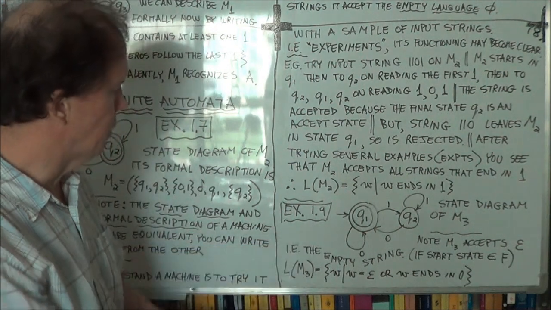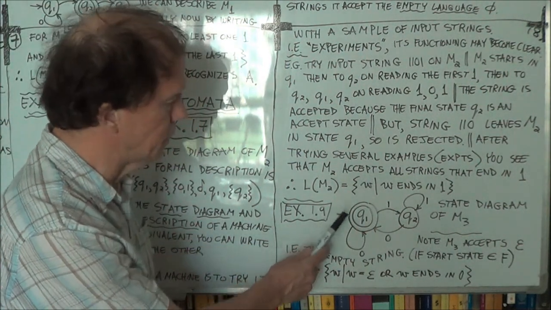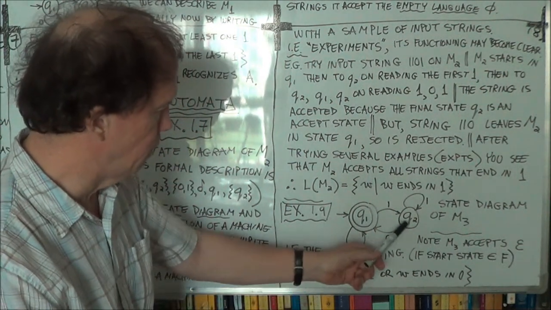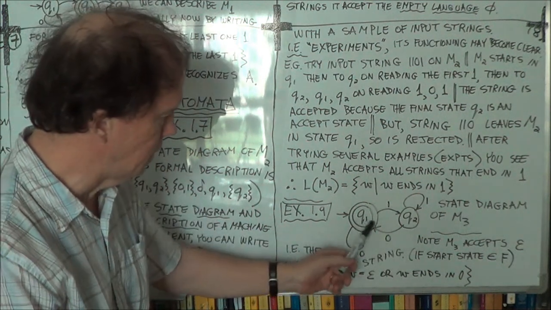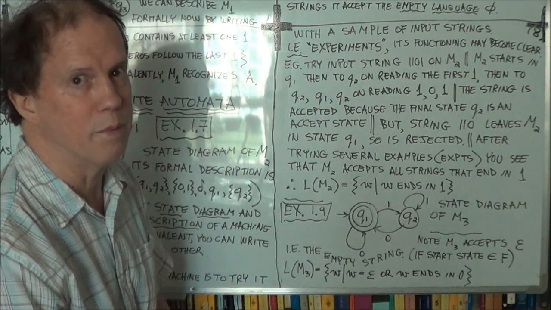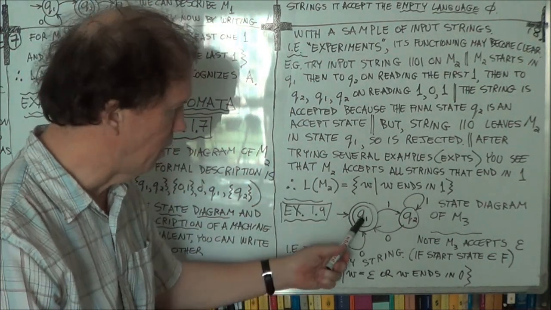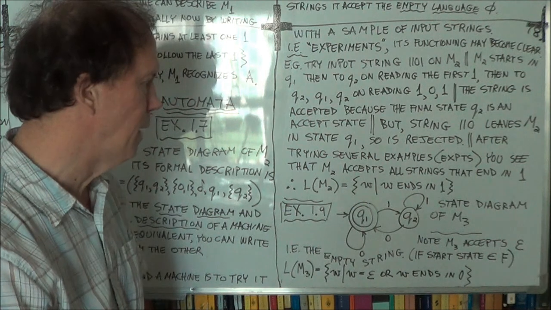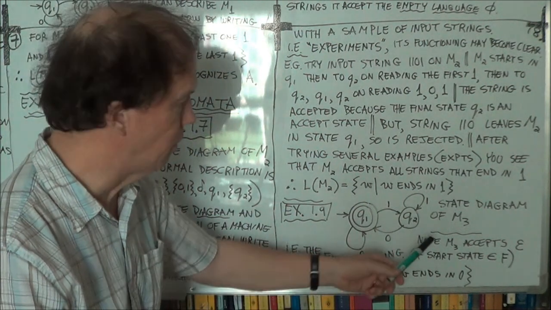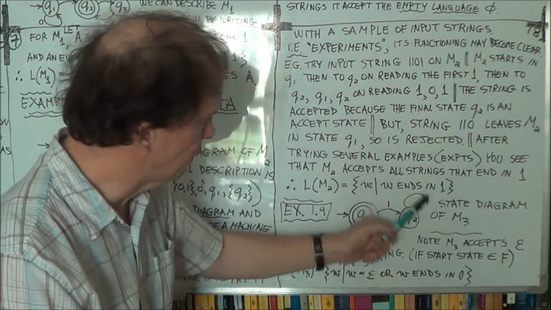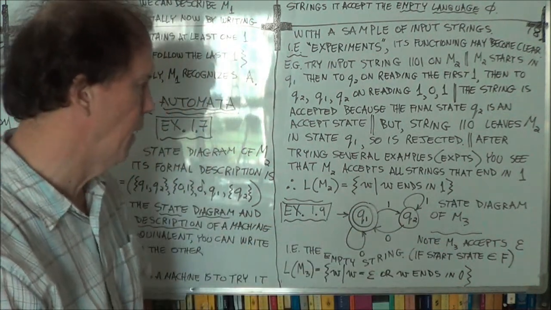Here's another example, example 1.9 in the text. Again, it's just a fairly simple automaton, just 2 states. This could be a computer with just 1 bit of memory to memorize which state it's in. So this is now M3, our third example. Here's the state diagram of M3.